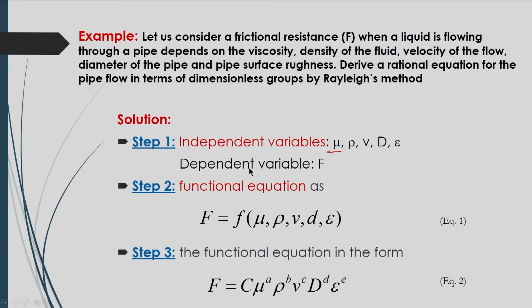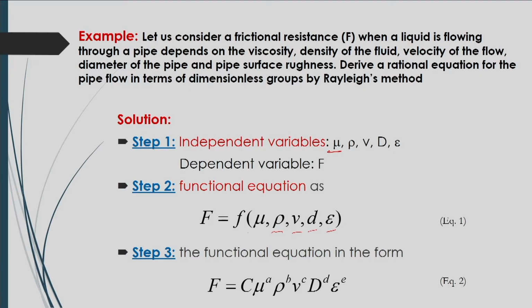So, the dependent variable is F, that is resistance, and the functional equation you can express as F is a function of the independent variables mu, rho, V, d and epsilon.